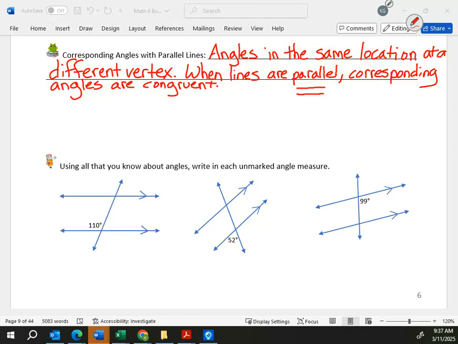Help them out, Hudson C. Vertical angles are congruent. So those vertical angles are what measurement? Help them out, Maddie. The same measurement. So those vertical angles are congruent, so they are the same measurement.